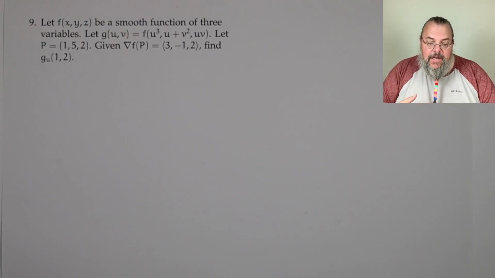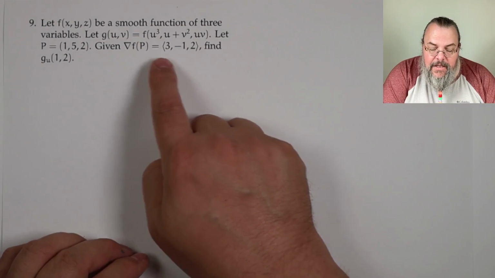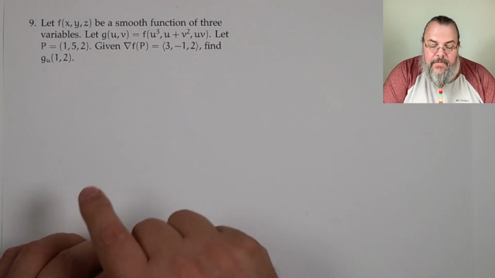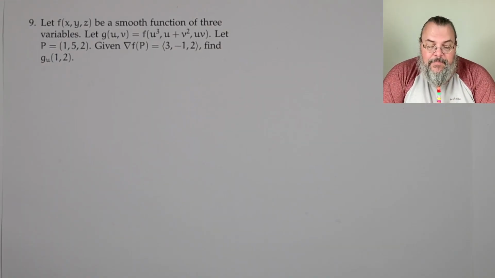All right? And let the point P be 1, 5, 2. Now, given gradient of f at P is 3, minus 1, 2, find g sub u of 1, 2.